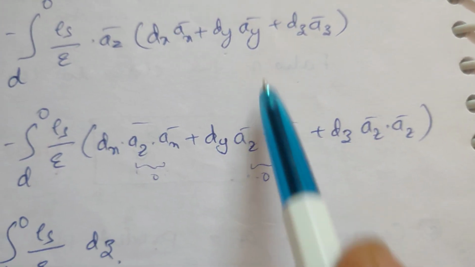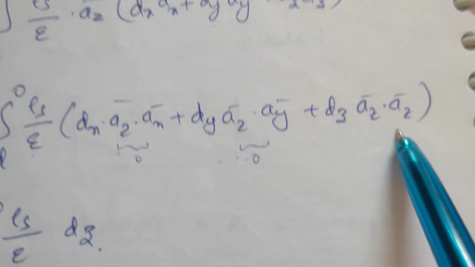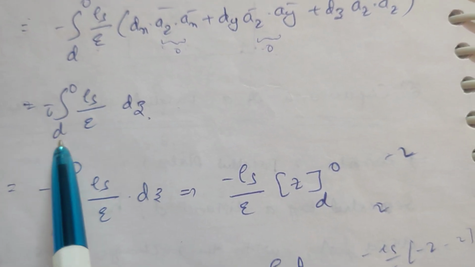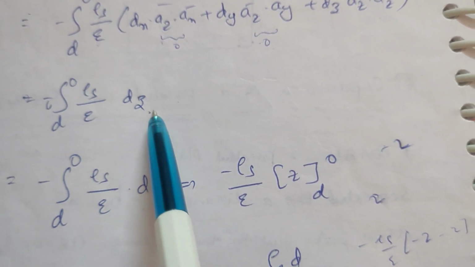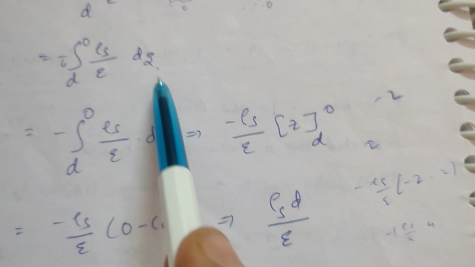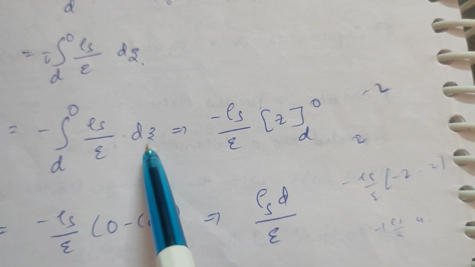Similarly, az dot ay is 0, and az dot az becomes 1. Hence we get only one term: minus the integral from d to 0 of rho s by epsilon into dz.